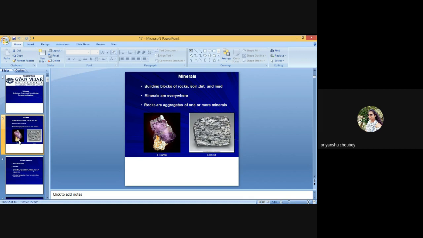Usually, primary minerals are present in the sand and silt fractions, whereas the secondary minerals are predominantly present in the clay fraction.